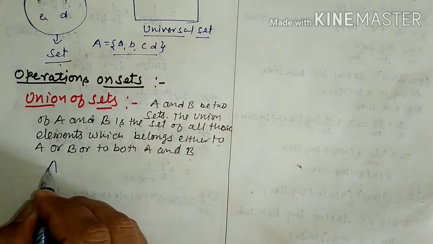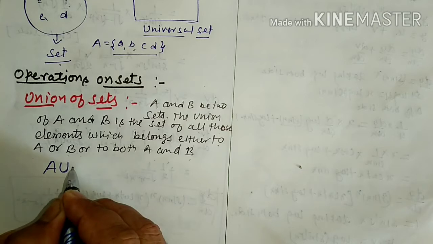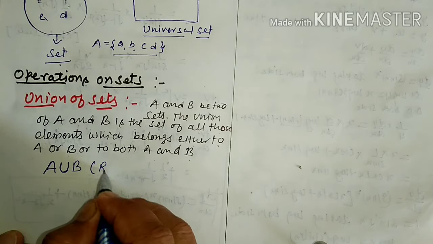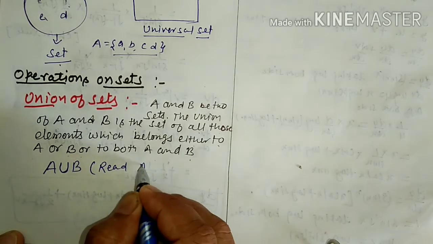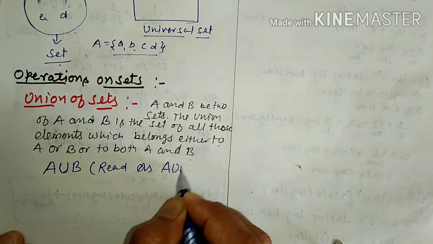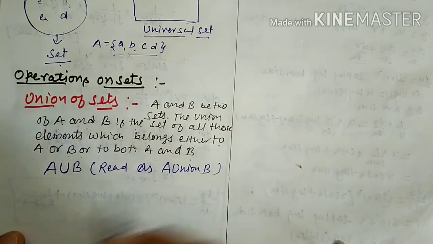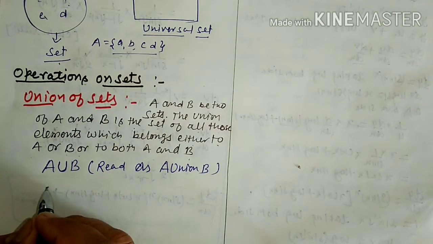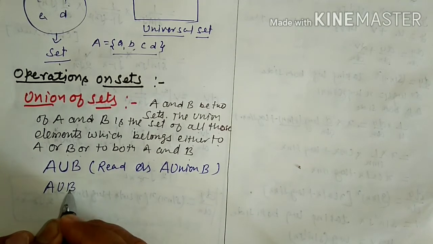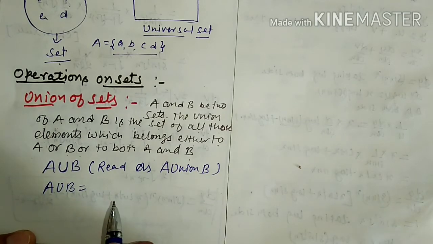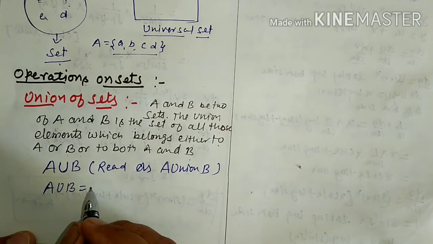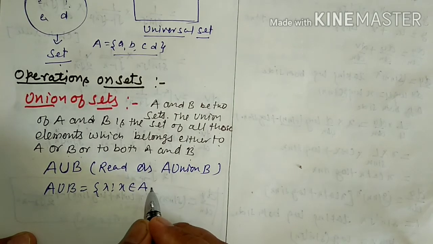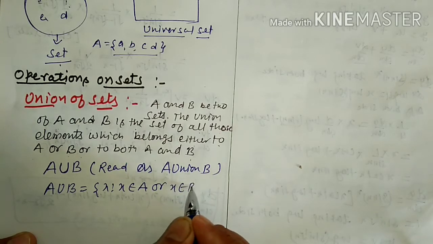So the notation, how we write that? A, then this symbol ∪, B: A ∪ B, and read it as A union B. Clear? So A union B in set-builder form, I will write it as {x : x belongs to A or x belongs to B}.